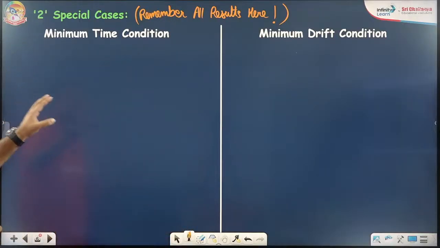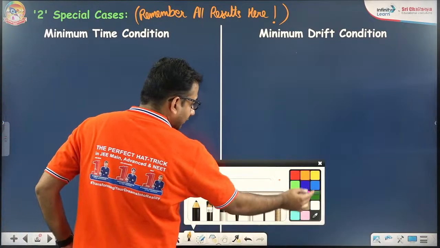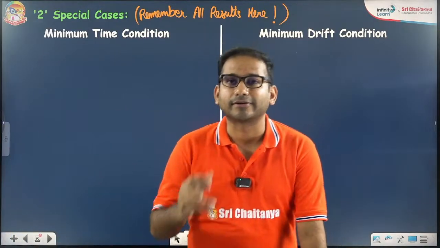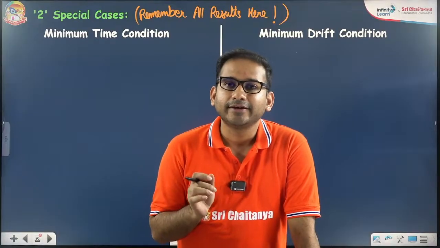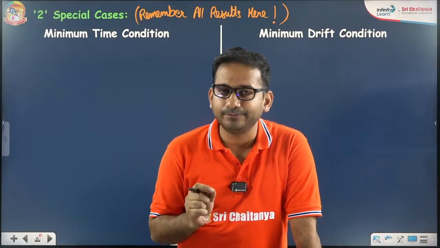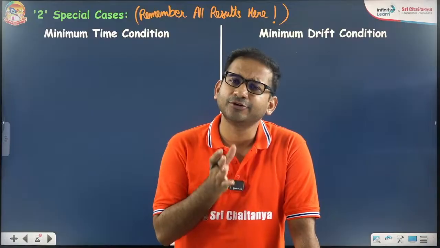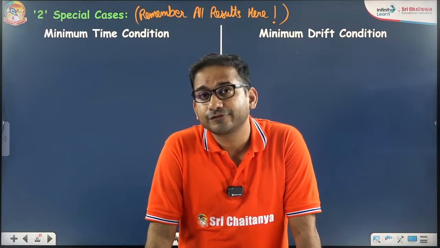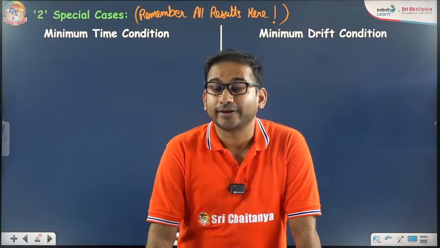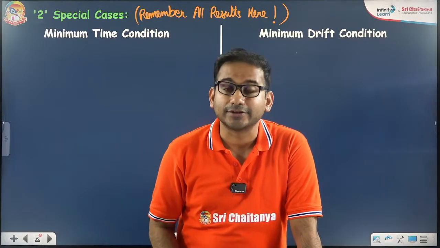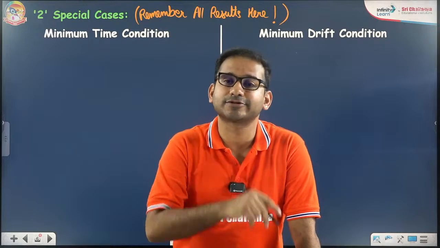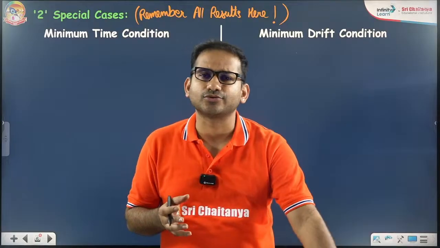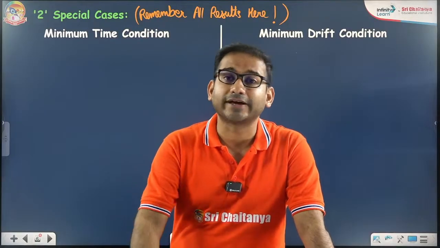Okay, so minimum time condition. See, imagine that you are a swimmer, try to feel it first. Imagine that you are a swimmer or a boatman and you are trying to cross the river. If your main intent is to cross the river as early as possible, suppose weather predictions are done, it's dangerous to stay for a lot of time inside the river.